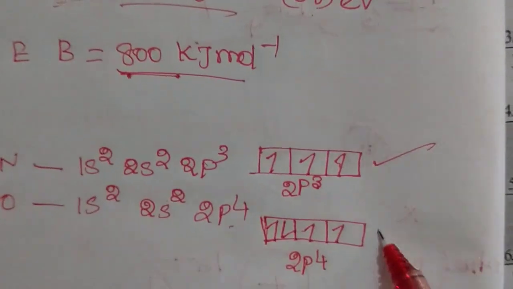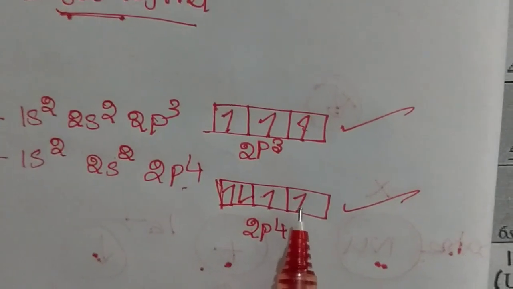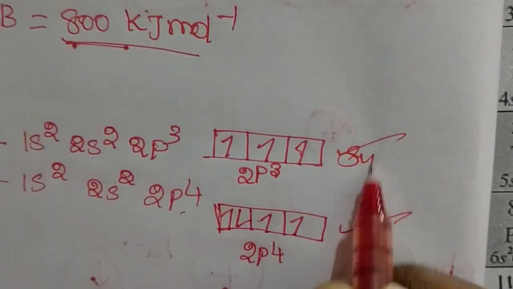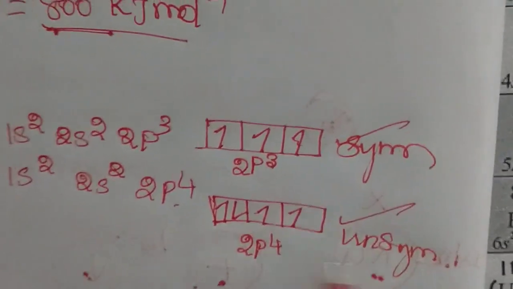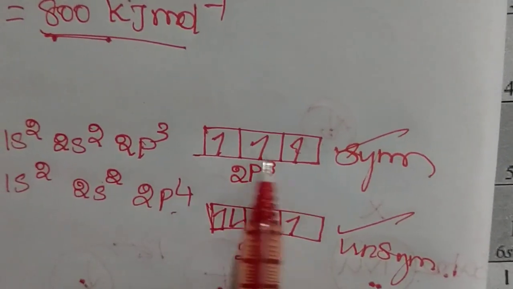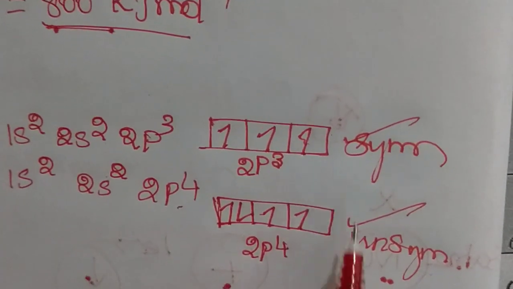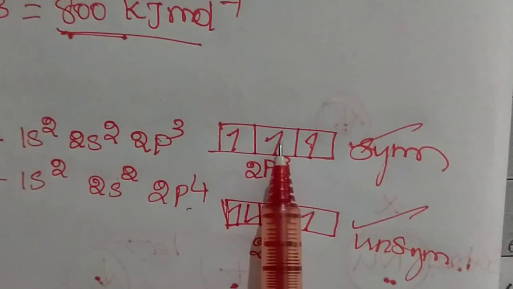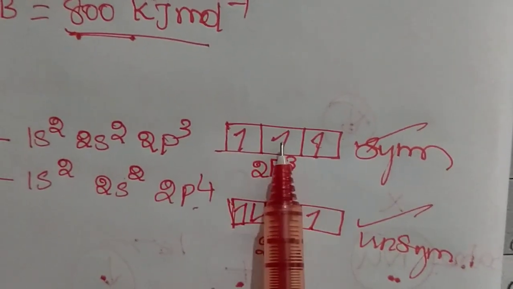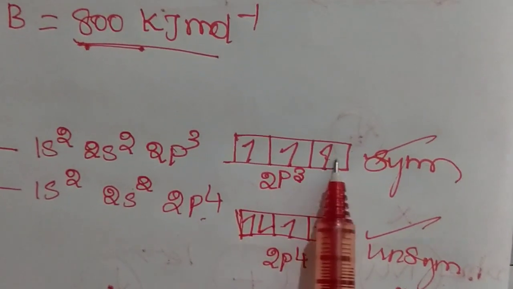Now compare these two. Which one is symmetrical and which one is unsymmetrical? This is symmetrical and this is unsymmetrical. Why? Because of the symmetrical distribution of electrons in the orbitals versus the unsymmetrical distribution. Compare the first orbital and second orbital, only one electron each, and the third, 1 electron.